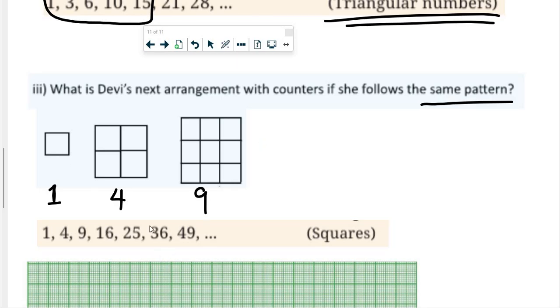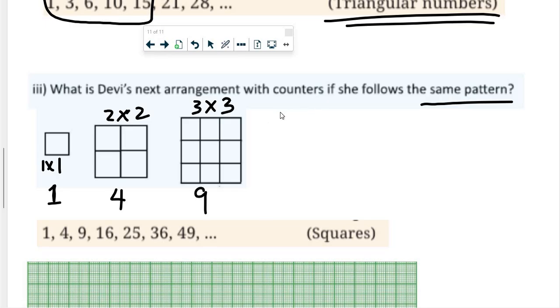Now, to draw what we call square numbers, this is 1 into 1, 1. This is 2 into 2, 4. This is 3 into 3, 9.